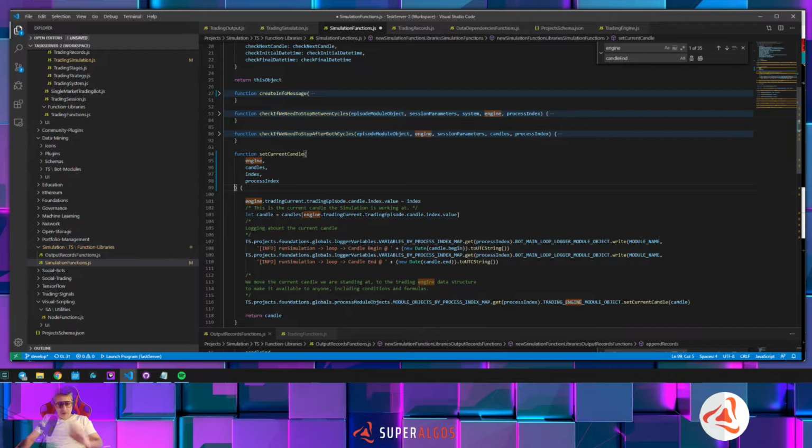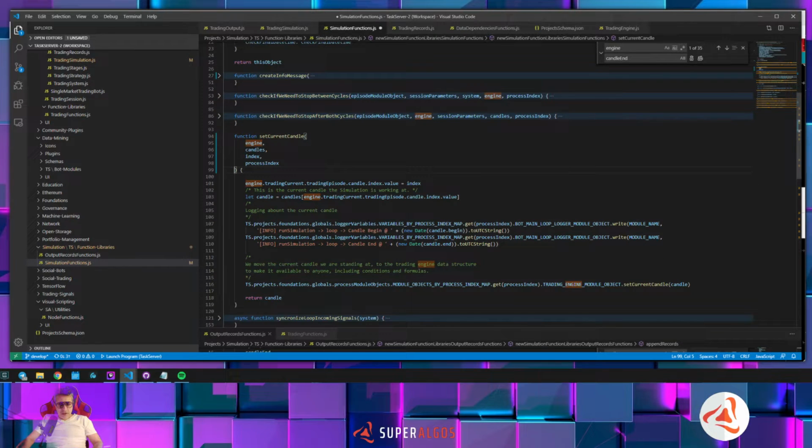So set current candle needs, okay, it needs to set this.